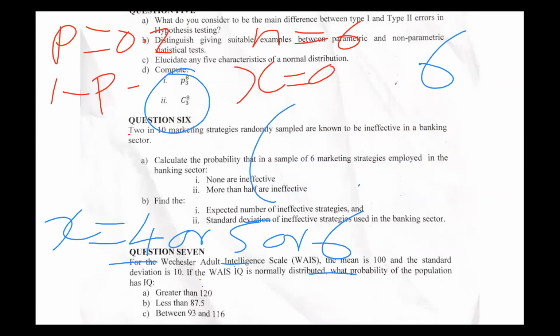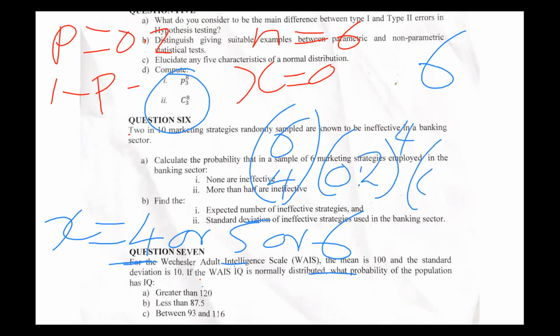So what is our n? Our n remains 6. Our x now is what? 4, isn't it? Probability of success still remains 0.2 to the power 4 times 0.8 to the power 6 minus 4. Are you following? Yes, sir. Okay.